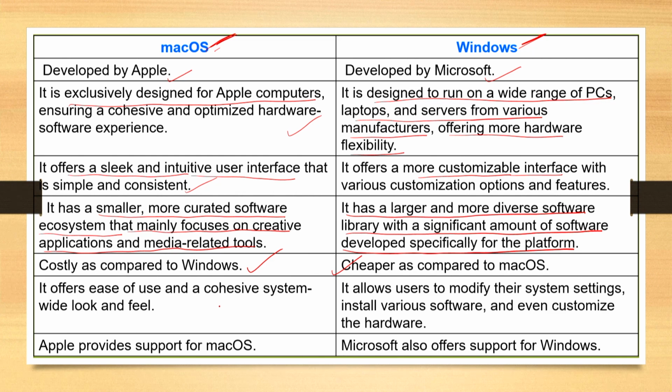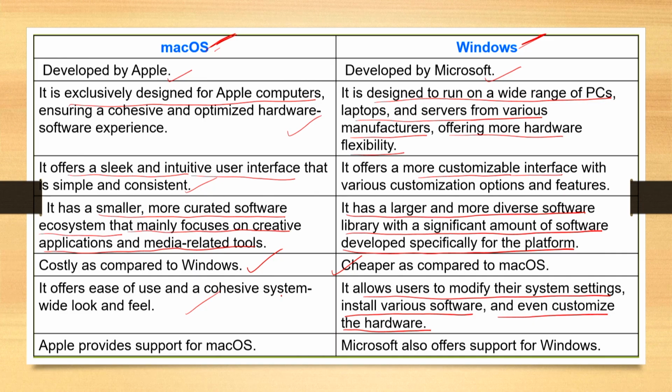The Mac operating system offers ease of use and a cohesive system-wide look and feel, whereas Windows allows users to modify their system settings, install various software and even customize the hardware, which is not possible with the Mac operating system.